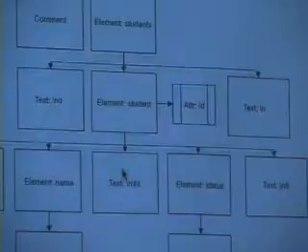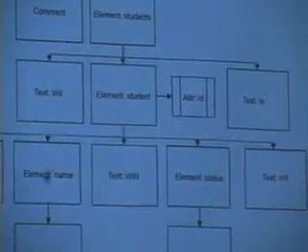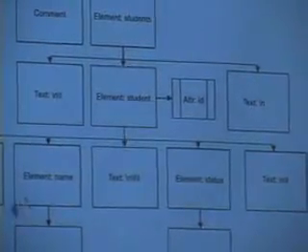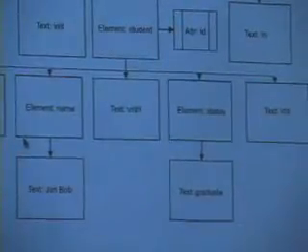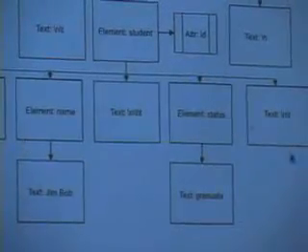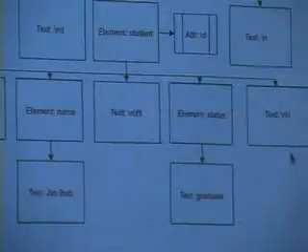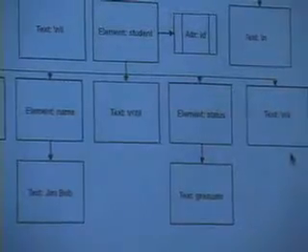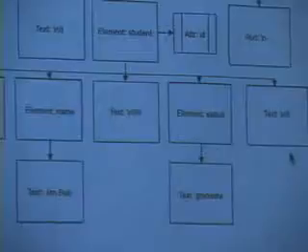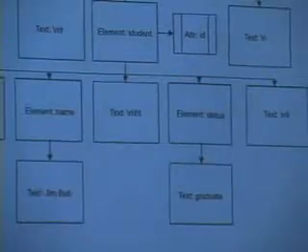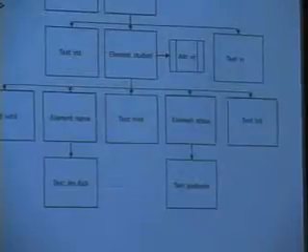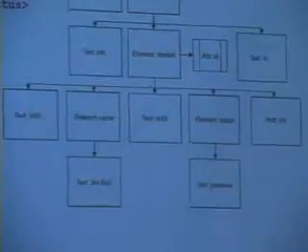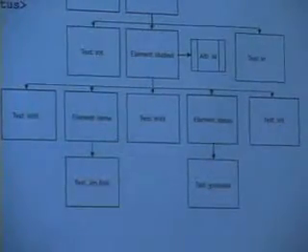Two, although slightly wrong, but we'll come back to that, called name and status, and then those two each have one child, which is a text node, whose value in one case is Jim Bob, whose value in the other case is graduate. Now I say you're a bit wrong, and I'm a bit tolerant of the wrong answer by saying one child here, two children here, because clearly there are some other children that we've depicted. You can kind of infer from the text in them, what are the other children of, say, students?